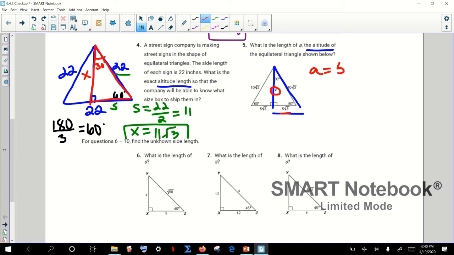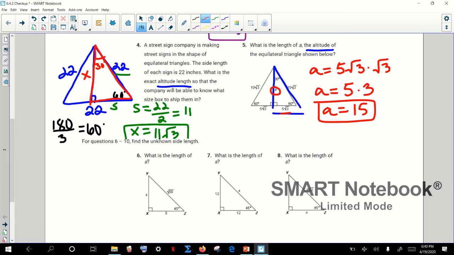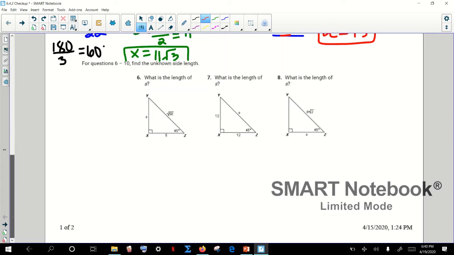I take whatever the short side is, and I multiply by square root of 3. If you remember, the square root of 3 times the square root of 3 is just 3. So I still have that 5, and the side length A is just 5 times 3, which is 15. Alright, so halfway done. Let's keep going.